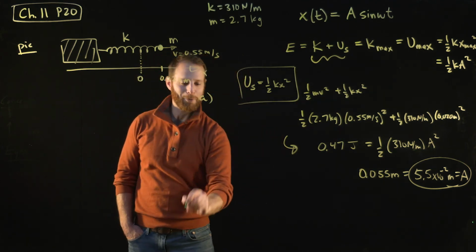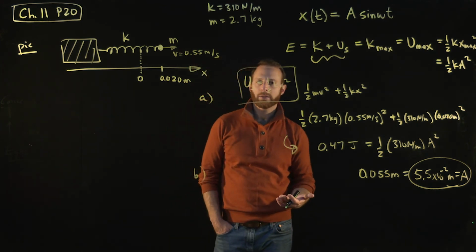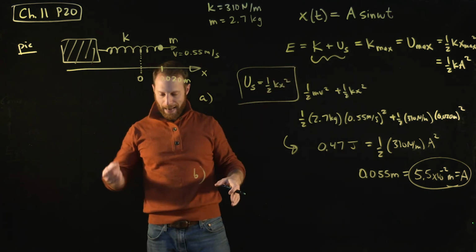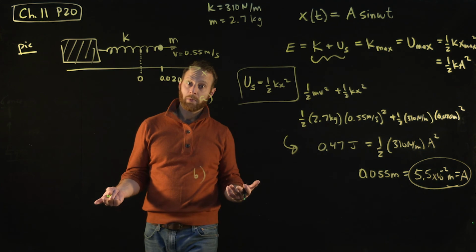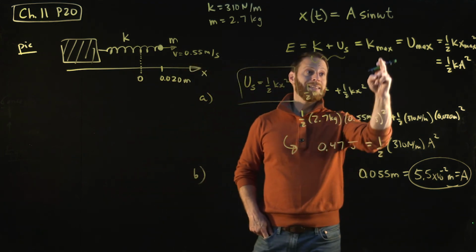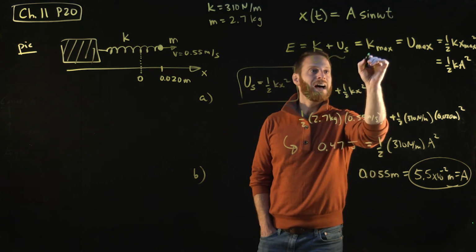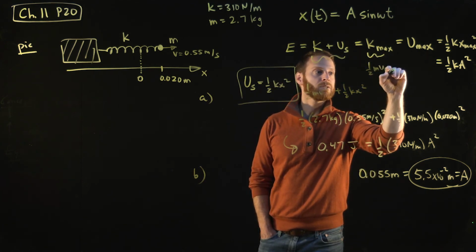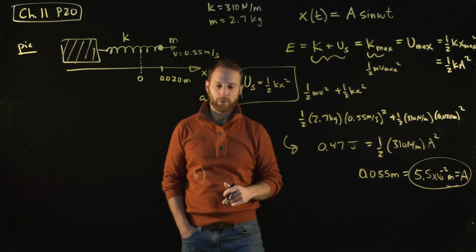Part B, they'd like us to figure out what the maximum speed is. It's not totally disconnected from the discussion up here. The maximum speed occurs when the kinetic energy is maximum. Inside of this should be 1/2 m v max squared. That may be the most straightforward way to relate it to everything we've done.